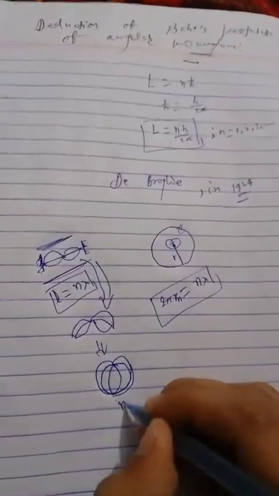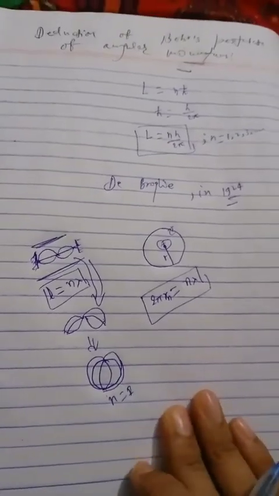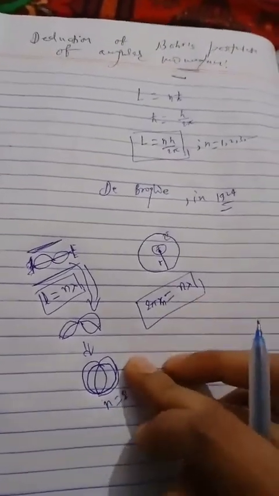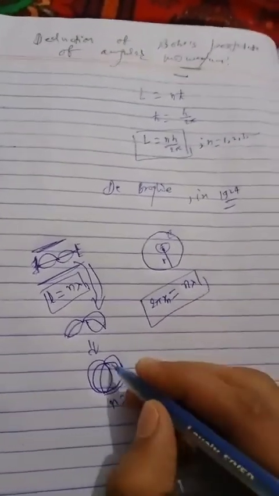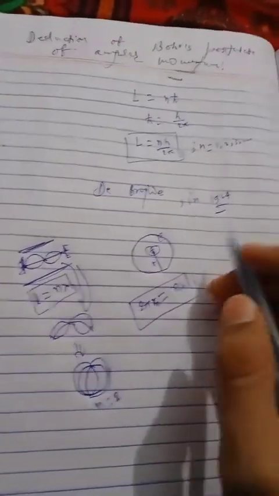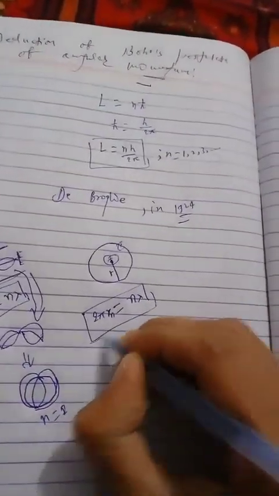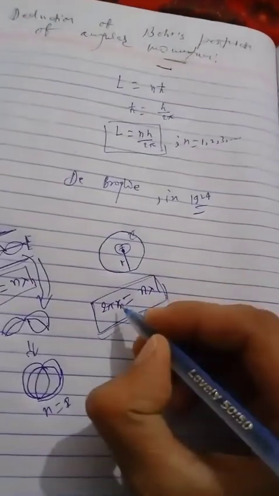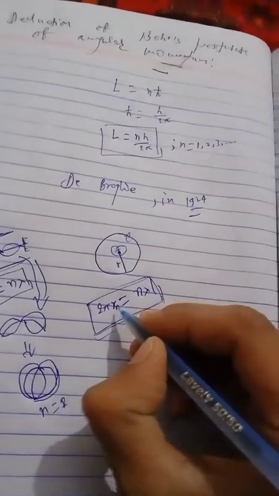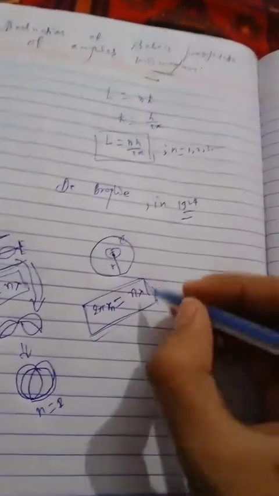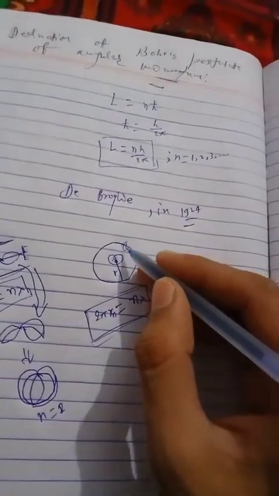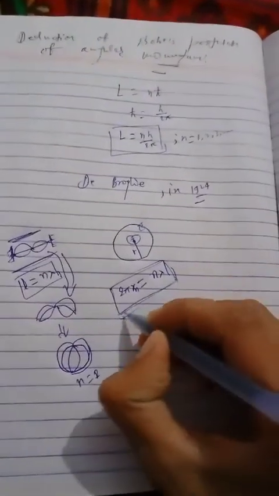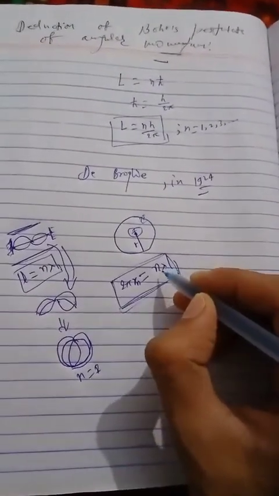So this is for n equal to 1, and as you increase the value of n, the number of waves will increase, which you can calculate from this formula. So corresponding to the orbital radius, there is a number of waves formed by the moving electron. So we have this relation.